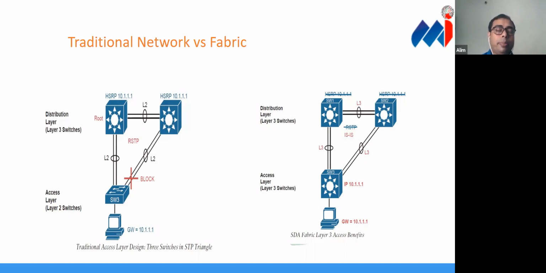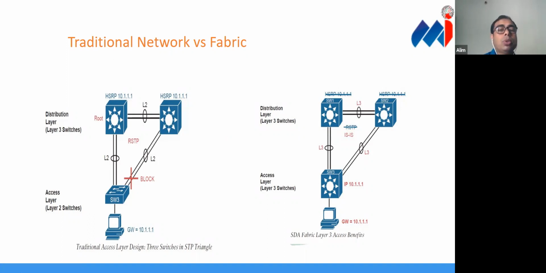On the left side, you are seeing a small network with 3 switches. You have one switch, which may be a layer 2 switch, directly connected to a computer, and 2 switches at the distribution layer. So it is a 2-tier network design with layer 3 switches having routing capability. You are connecting your host to switch 3, and there are also switch 1 and switch 2.